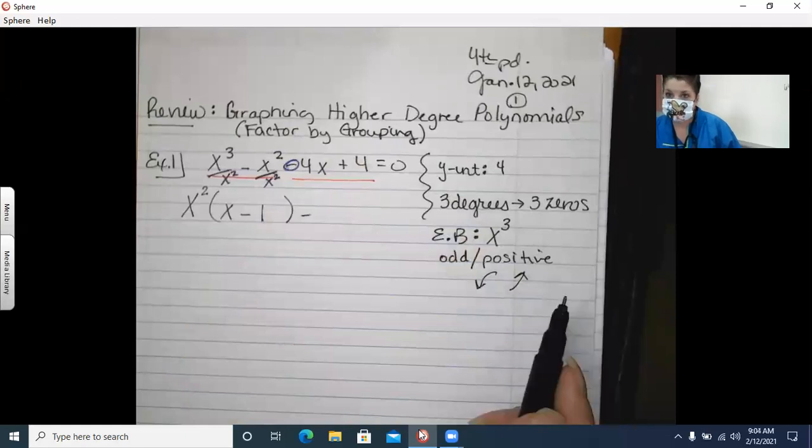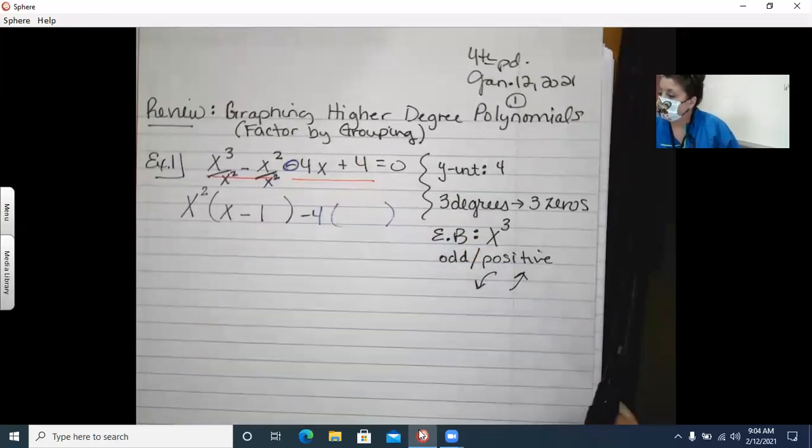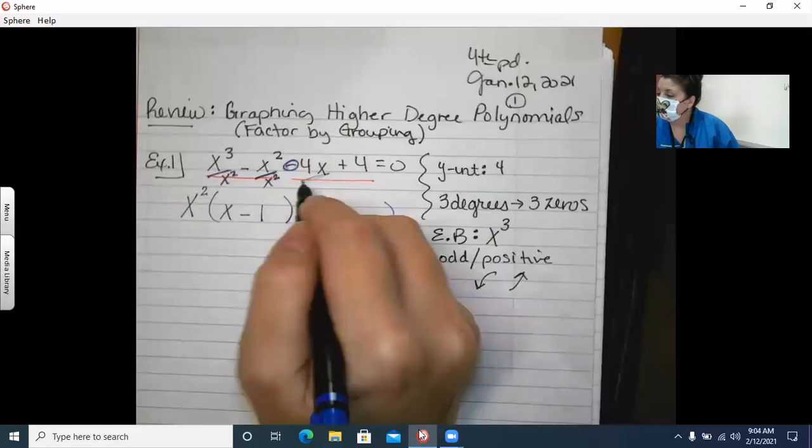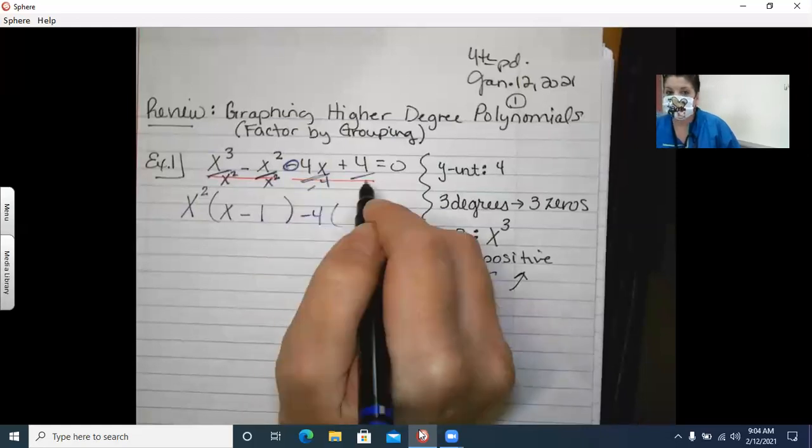There's not a larger number. Do they both have an x? No. So you can only factor out -4, right? So when you divide each term by the GCF, you're not dividing by 4, you're dividing by -4.